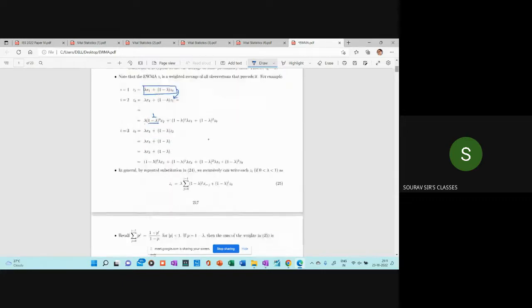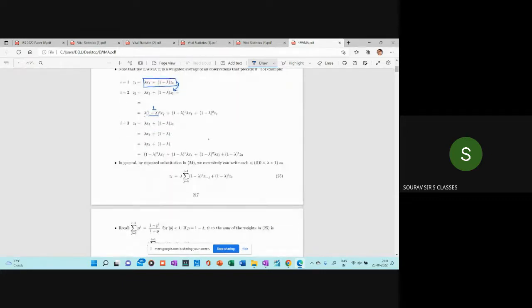Then we move on to z3, which is lambda x3 plus (1 minus lambda) lambda x2 plus (1 minus lambda) whole square lambda x1 plus (1 minus lambda) cube into z naught. So everything is coming in terms of x3, x2, x1.